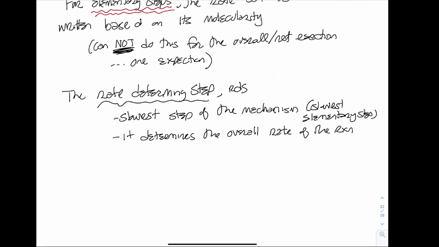Right? Our reaction can never proceed faster than its slowest step.